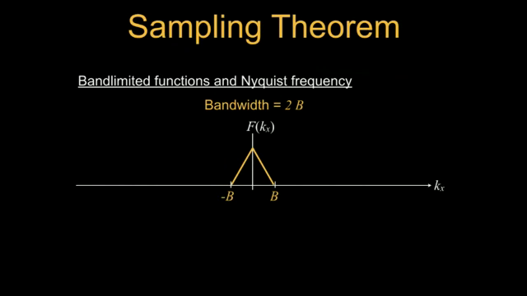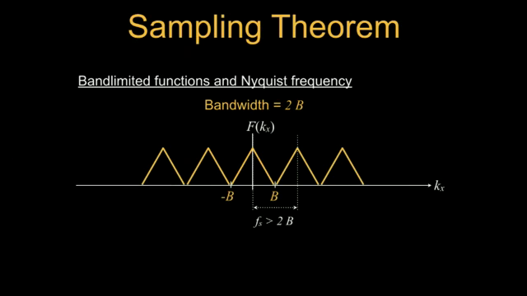Remember that if we characterize the bandwidth according to its maximum extent, we can denote that, let's say, by B. If our sampling frequency is greater than or equal to 2B, then the replicas will be spaced sufficiently apart and without overlap. That's what the Nyquist theorem was telling us all along. If you do that, then you can cleanly cut out or filter out the original portion to reconstruct your signal.